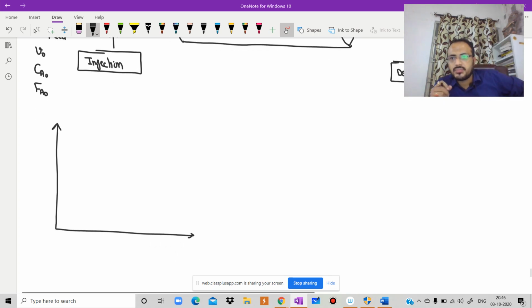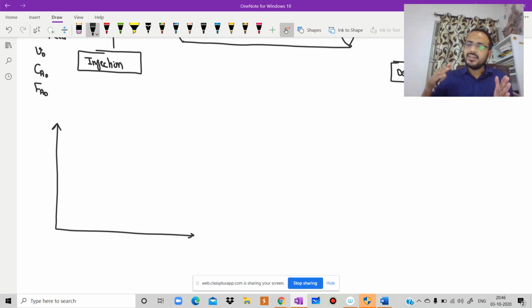In that case, at time t equal to 0, we injected in one shot. Is it clear? In pulse experiment, we injected our complete tracer in one shot. But here, we need to maintain a constant concentration. Suppose we have C of tracer at inlet.